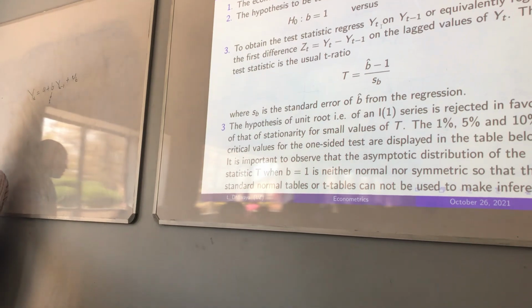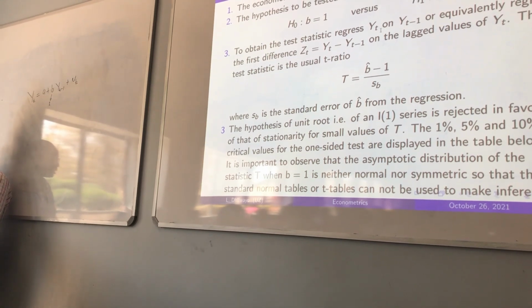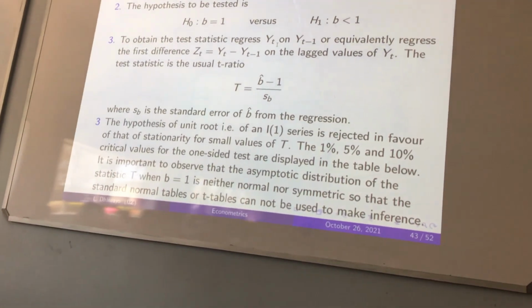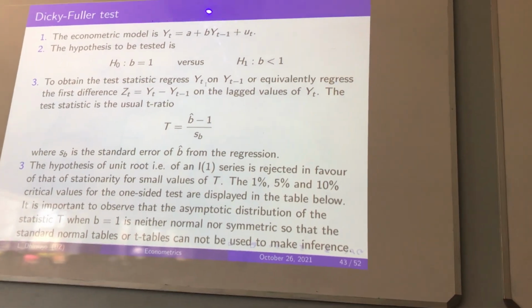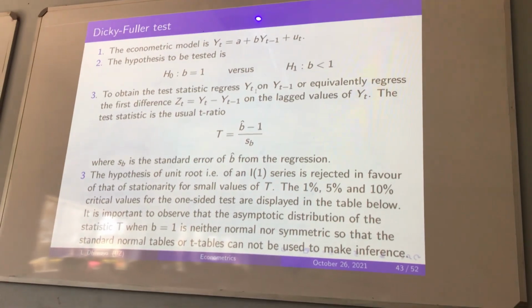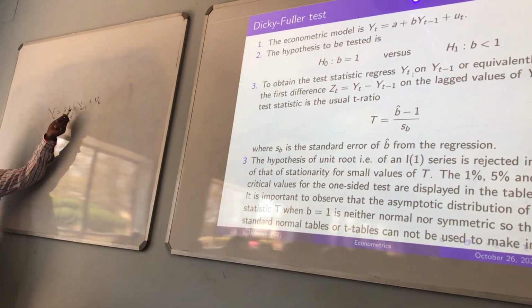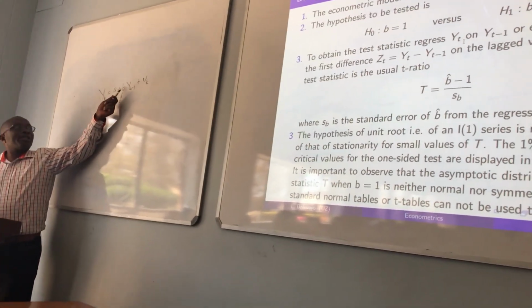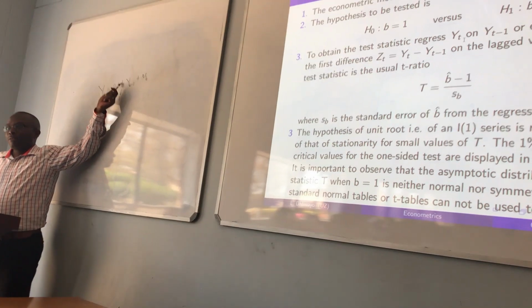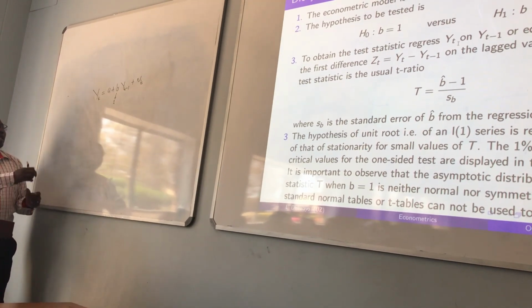The test statistic is the usual t ratio. Once you regress, you obtain beta hat, and you also want the standard error of beta hat. So we obtain now the test statistic.